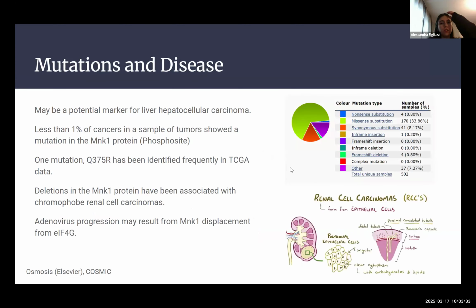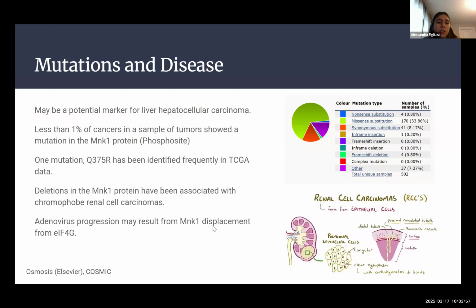In terms of mutations and disease, there's not a lot of data about one specific cancer. However, it may be a potential marker for hepatocellular carcinomas, as well as deletions have been associated with chromophobe renal cell carcinomas. What is known is that missense substitutions are the most frequent type of mutation present in cancer samples.